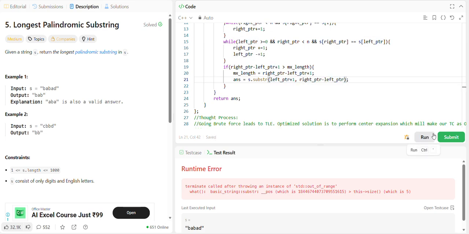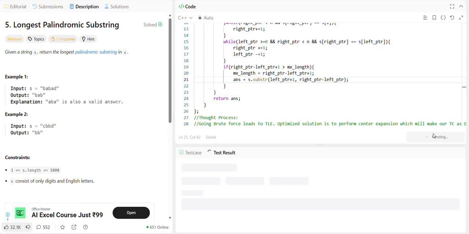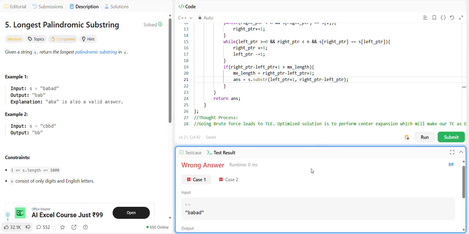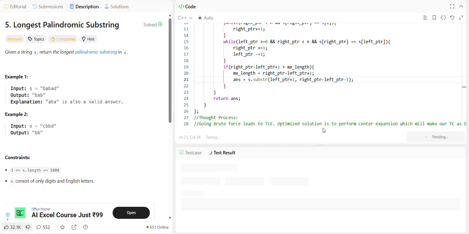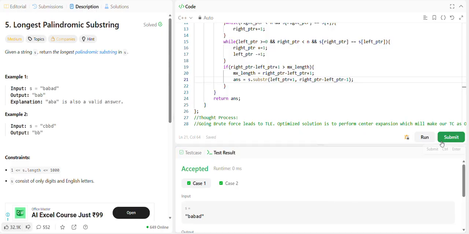I think this should work now. Let's try. Both are moving one step ahead, so that is what was causing the issue. Okay, I think this got accepted.